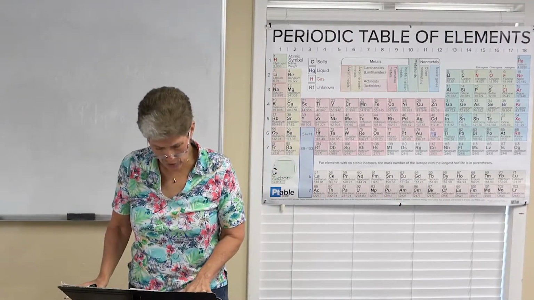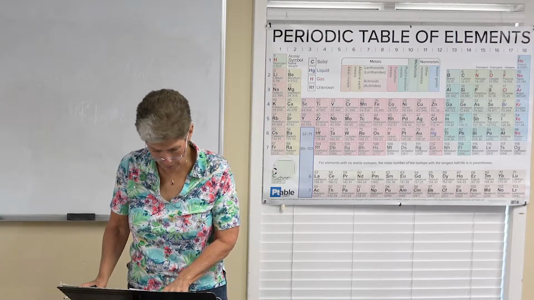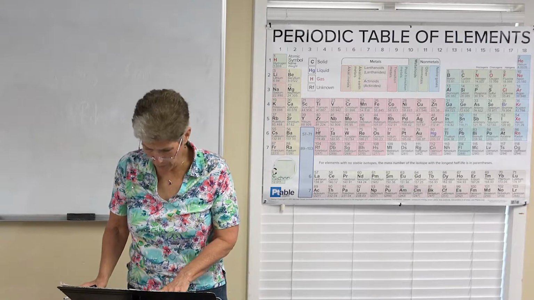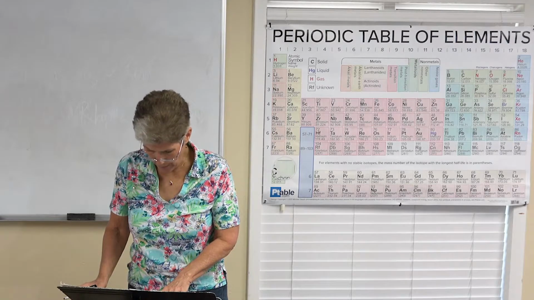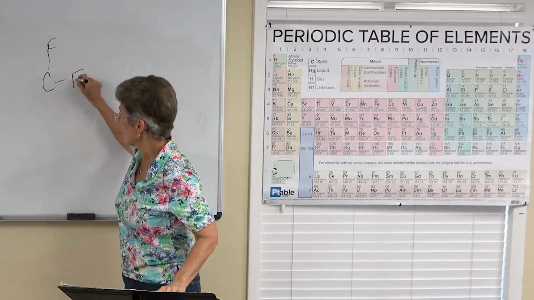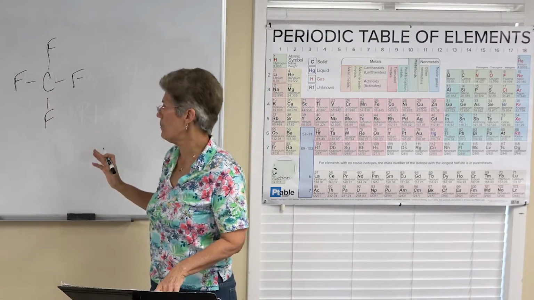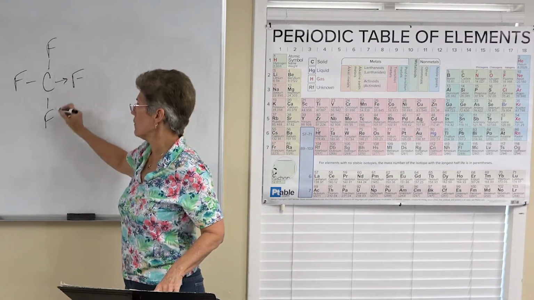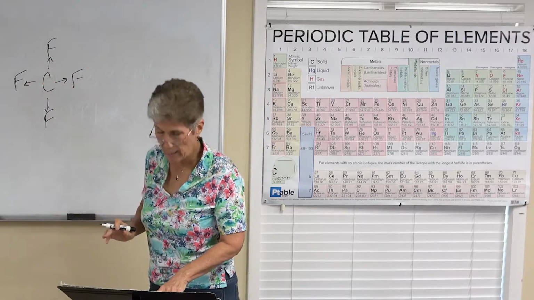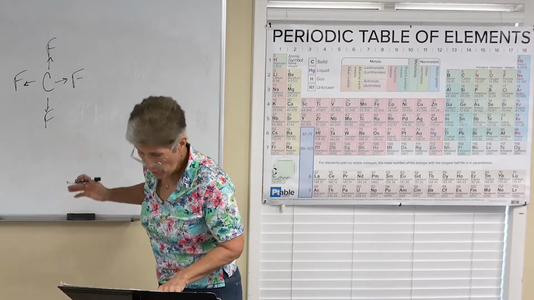Number 8. Which of the following molecules will have one or more purely covalent bonds? Okay, well, we know that this is a purely covalent compound, but it's not purely covalent bonds because fluorine is the most electronegative thing in creation, and therefore those are definitely pulling harder.